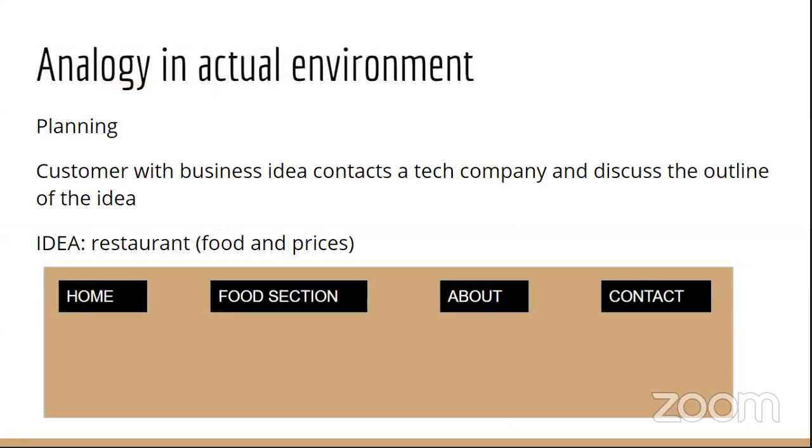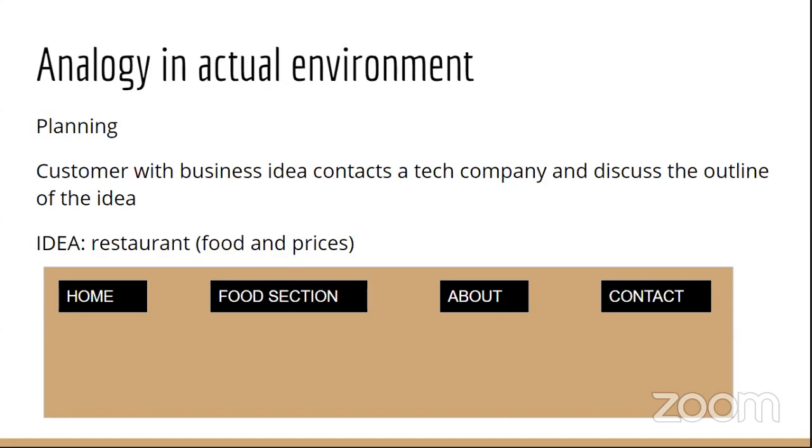Let's say they discuss that your website is going to include a home button, a food section where it will describe the types of food and the prices, an about page, which is about the restaurant that you will be running, and then at last a contact page to contact the information about your restaurant.